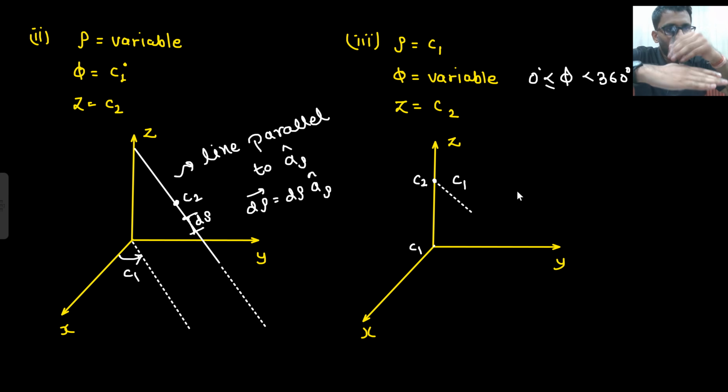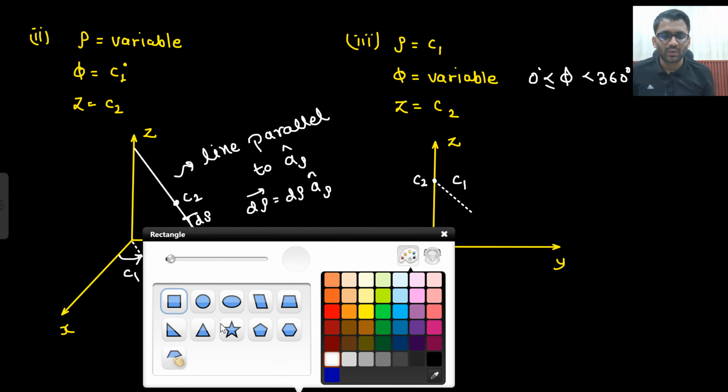XY plane, this is Z. Okay. C1 distance is fixed. But phi is variable. From the x axis, how much angle you make, that is variable. So 0 degree angle will be here. Then you keep on increasing the angle. Then again you reach here. But the same circle you will get at some height, because the Z point is also fixed. Are you able to get this point or not? So you are going to get a circle.